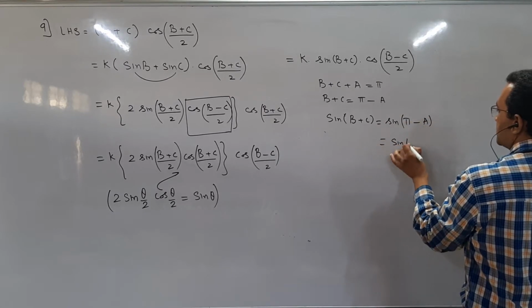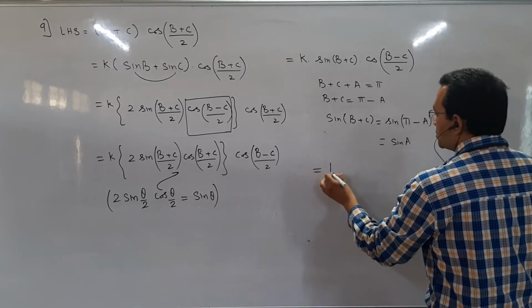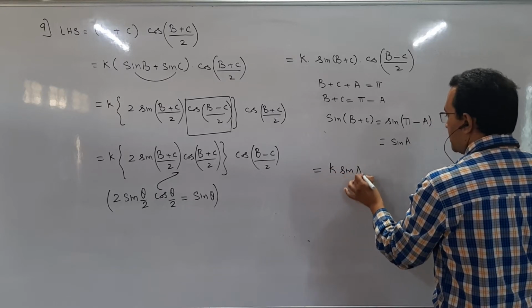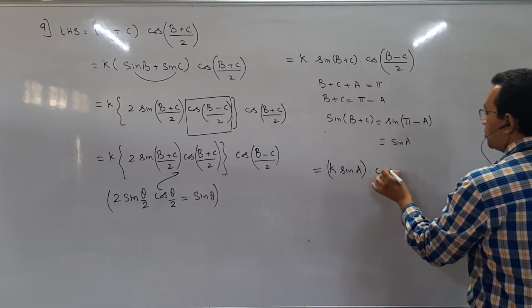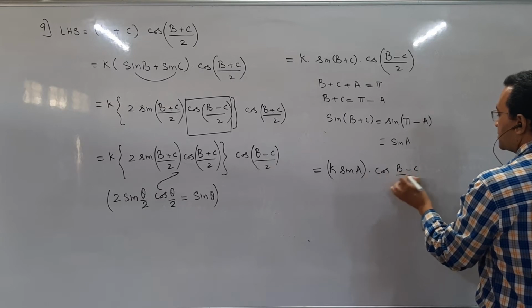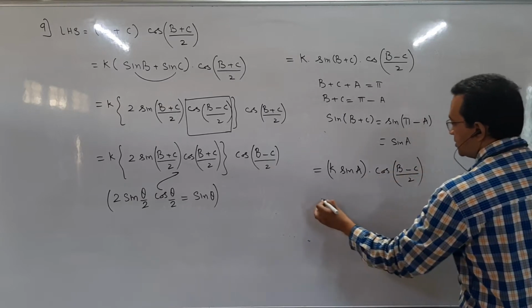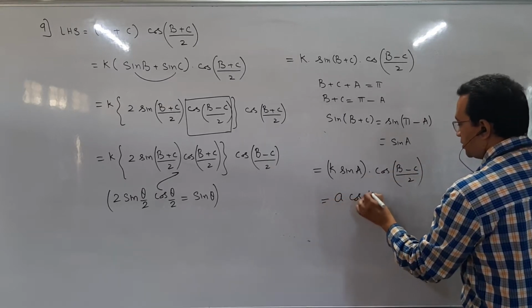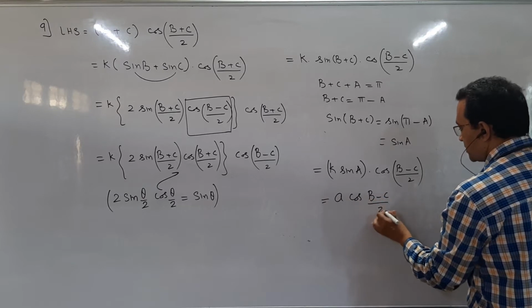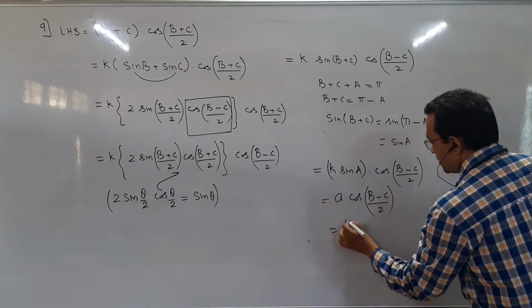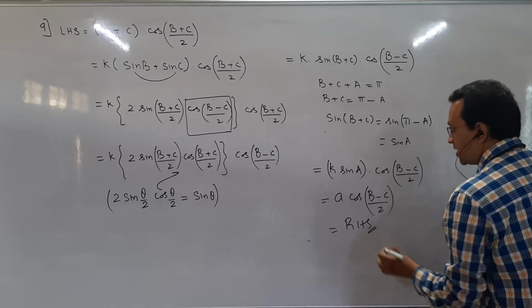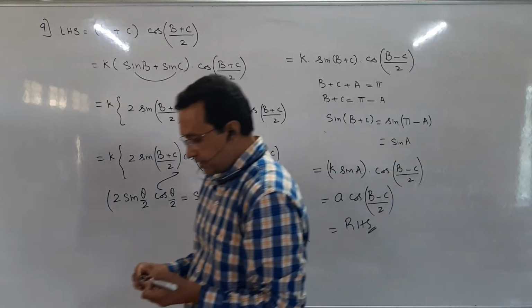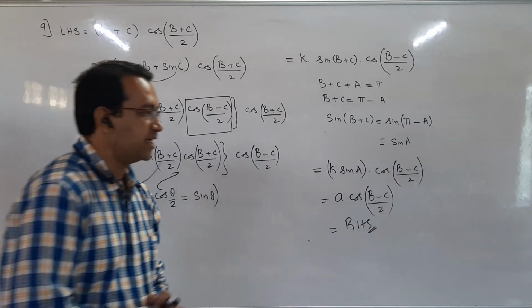Sine (pi minus theta) is sine theta. So, this is k sine a into cos (b minus c) by 2. This is nothing but small a into cos (b minus c) by 2, which is our RHS. Therefore, LHS is equal to RHS. Hence, proof.